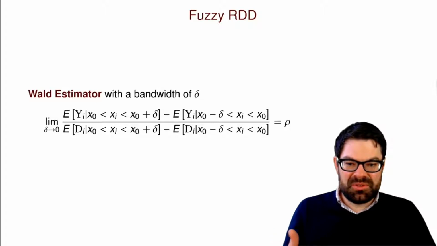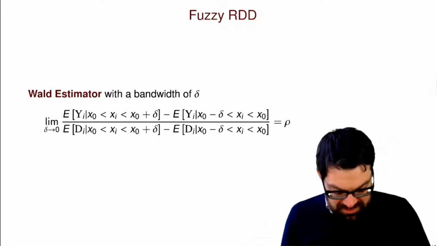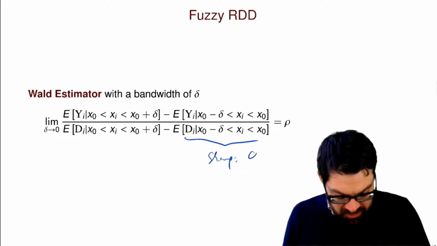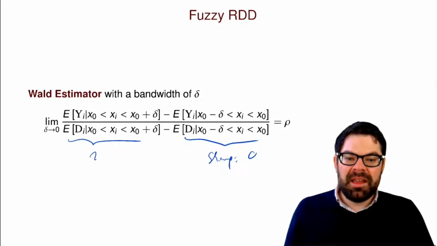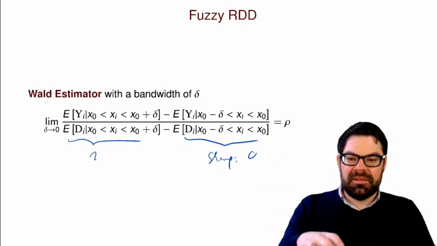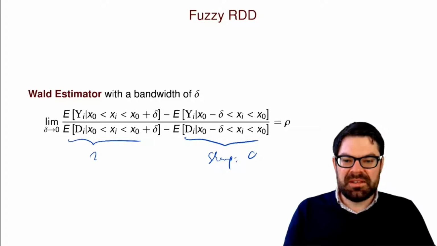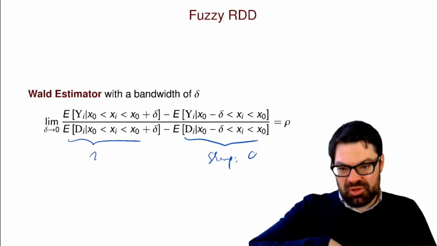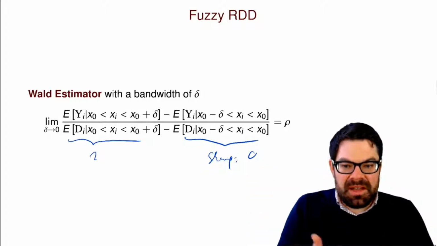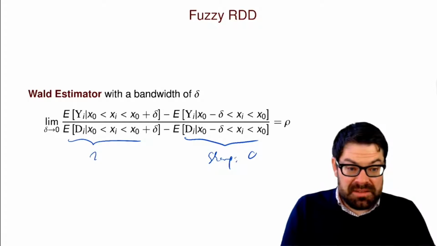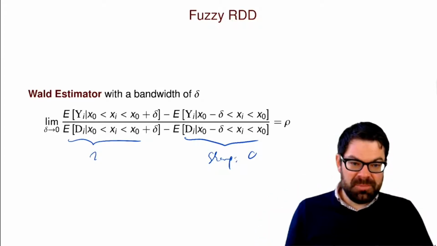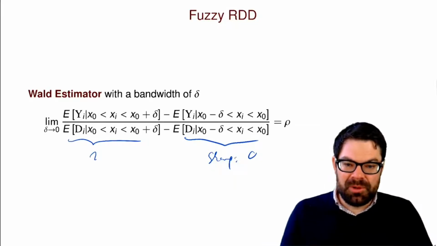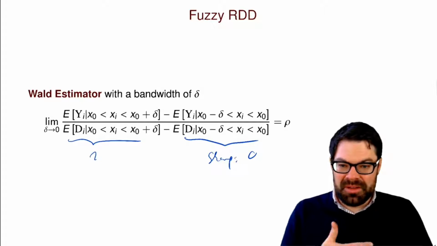So that term here in a sharp regression discontinuity design would be 0, and that one would be 1. In a fuzzy regression discontinuity design, that is not the case, because being above or below just shifts a fraction of the units into treatment, and that is reflected in the first stage. The estimator for the treatment effect follows the exact same logic of the local average treatment effect that we've learned when we talked about instrumental variables.